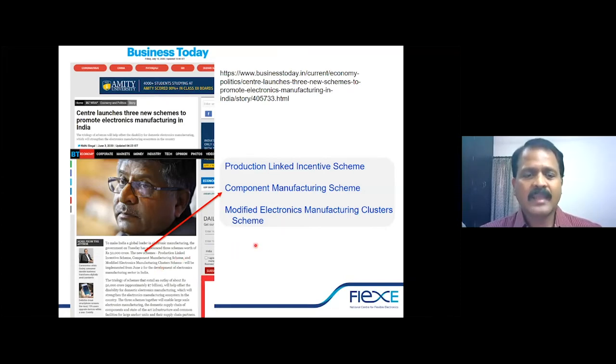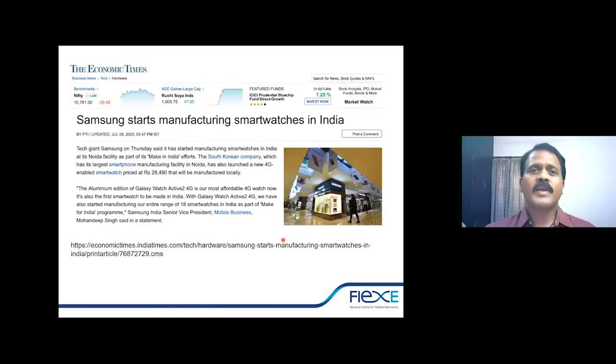That is to strengthen the electronic manufacturing ecosystem in the country. And when this ecosystem is strengthened, the field of flexible electronics will indeed benefit from that.